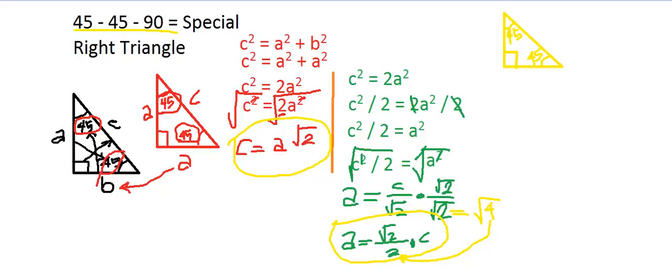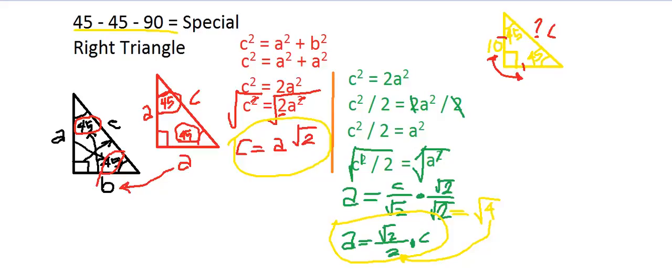Let's say for example, one of the sides measures 10. Obviously since these two sides are congruent, this side here is 10 as well, right? Because they are equal. Therefore our unknown is c, the third side or the longest side.